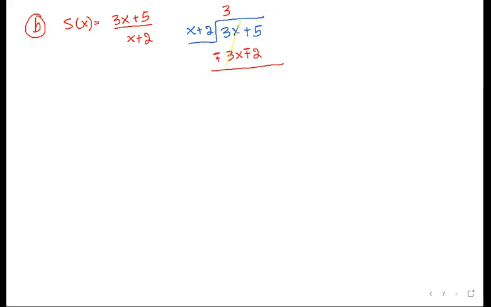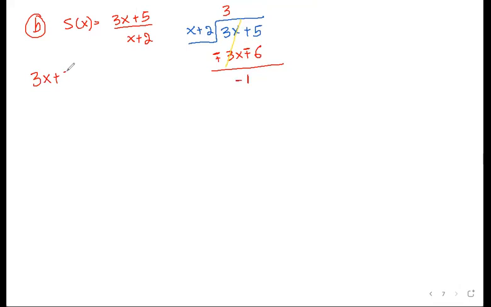This cancels each other. Now 5 minus 2 gives me 3. Sorry, 3 times 2 is 6, not 2. I made a mistake here, here's 6. 5 minus 6 is minus 1. So minus 1.